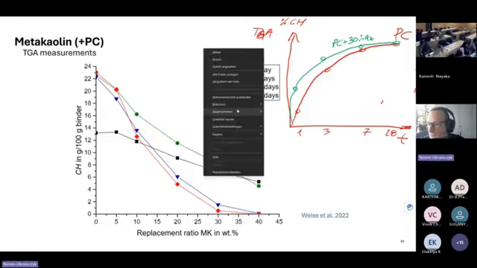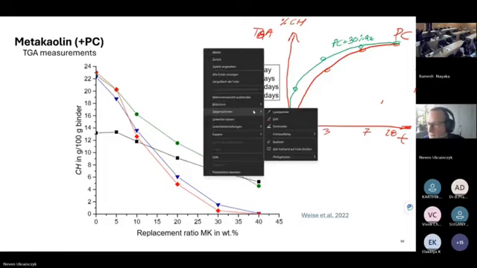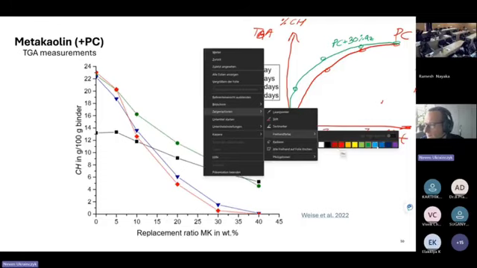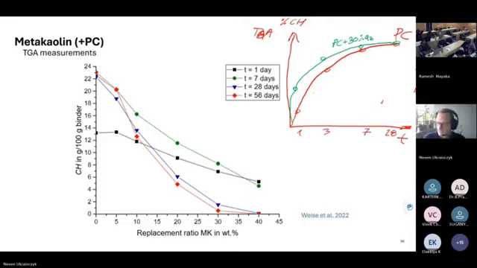And then when you add metakaolinite, actually that would be the green, but let's keep it lilac. Now we have our pozzolanic reaction. So let's say it's a bit less, and actually it's quite fast. So let's say it goes down fast.